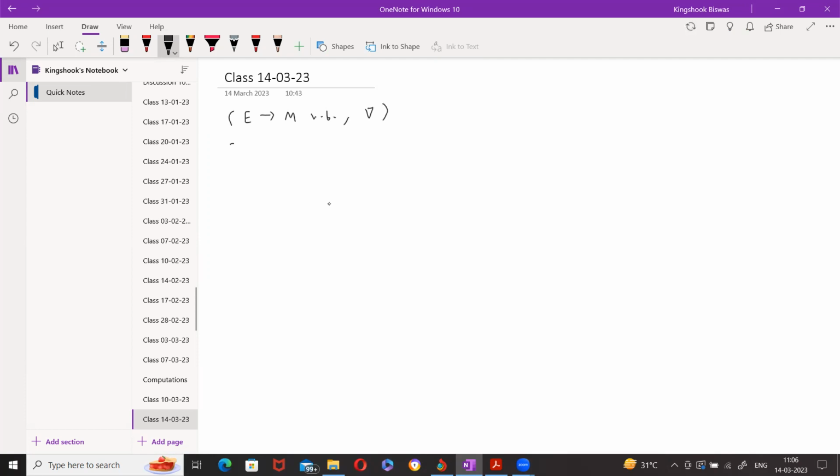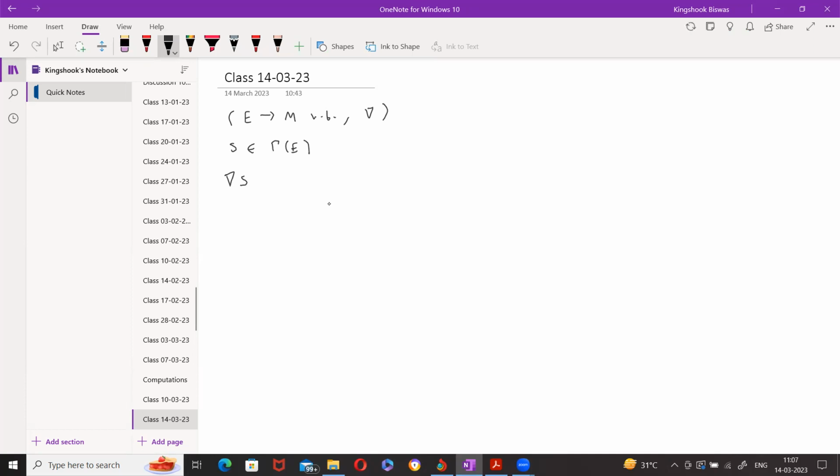Then if I take any section S of E, this gives us a section nabla S of the bundle T star M tensor E. Let me explain how.